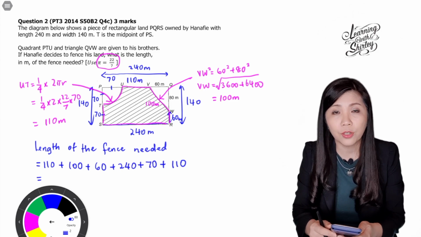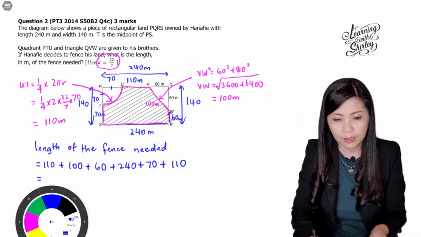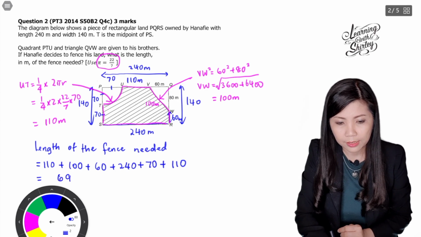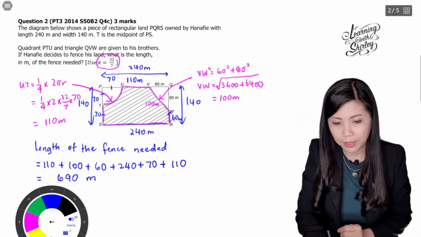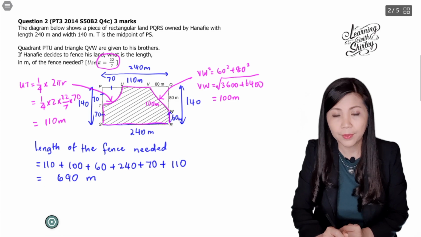Let's add them all together: we get 690. So the answer is 690 meters.